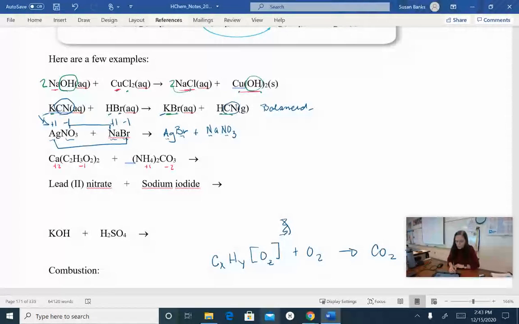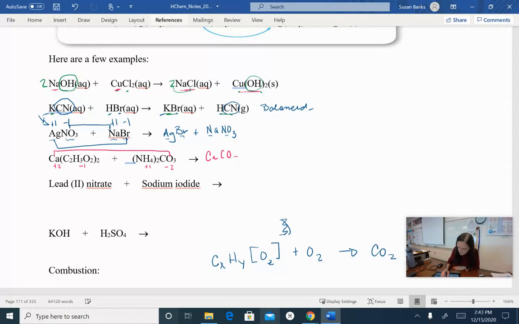So calcium has to get together with a negative to zero out. The only other negative it can get together with is carbonate. Carbonate is a negative 2, calcium is a positive 2, so what ratio are we going to use? Positive 2 plus negative 2 equals 0, so we need 1 of each.